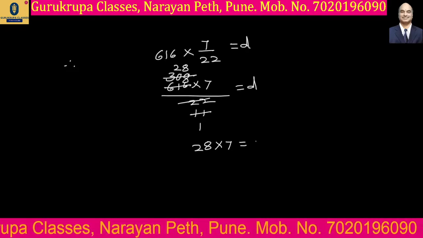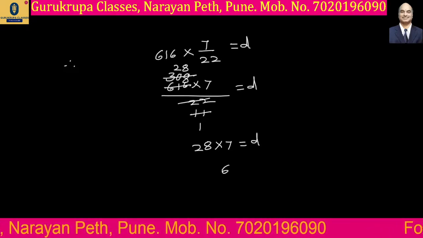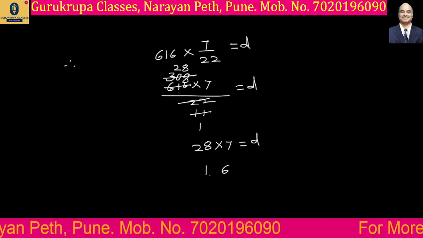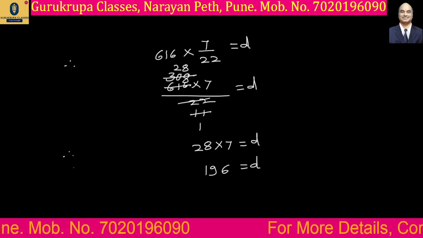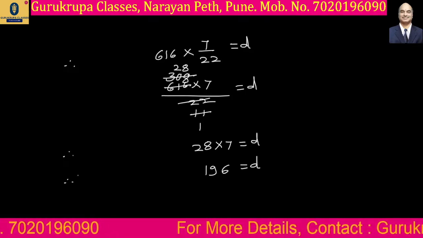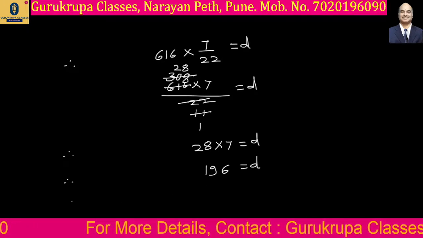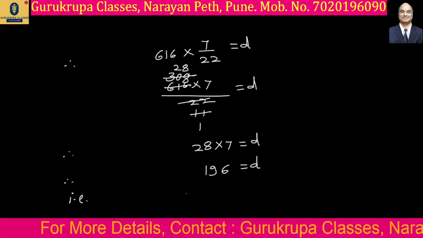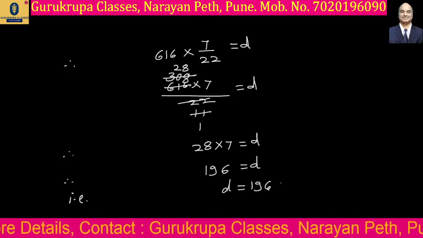As answer we get 28 into 7, we get 196 is equal to D. So diameter provided is 196. In last we can write that D is equal to 196 centimeter.